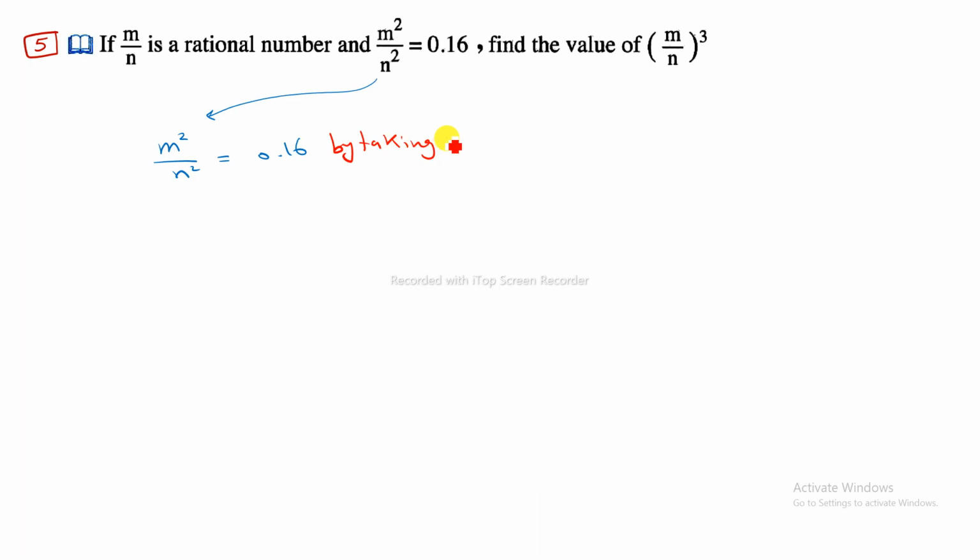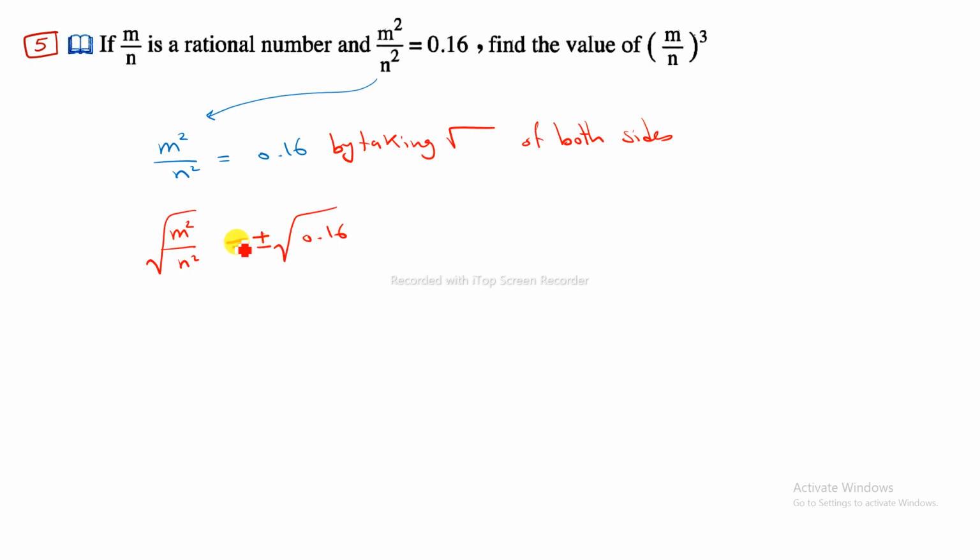By taking the square root of both sides, here the square root of m power 2 over n power 2, and here 0.16. The square root here and the square root here, and we must not forget positive or negative.